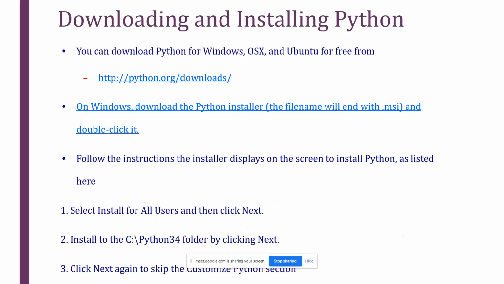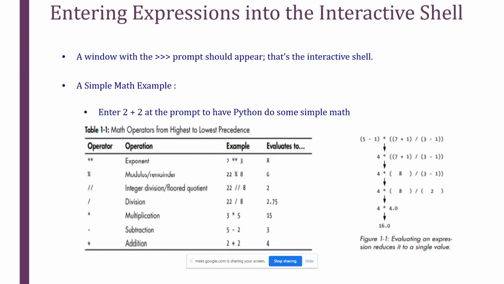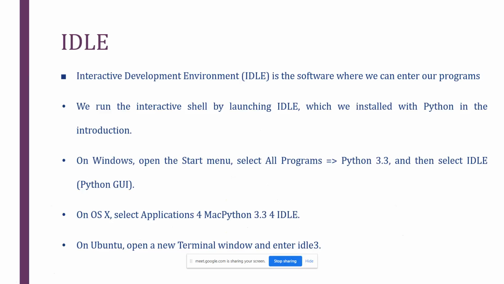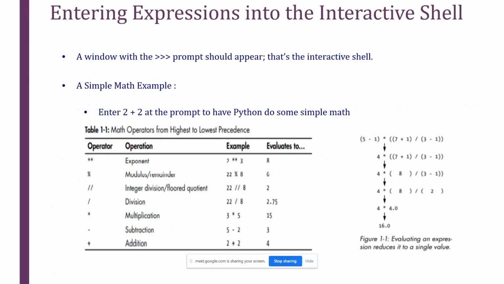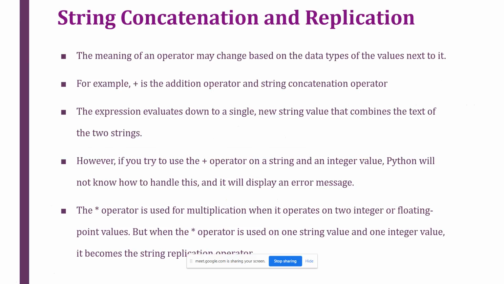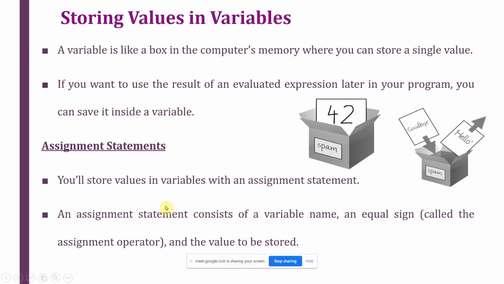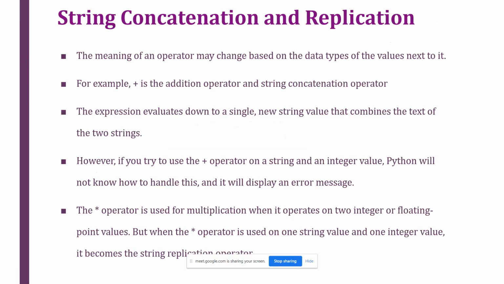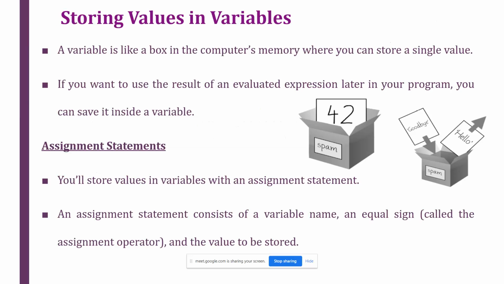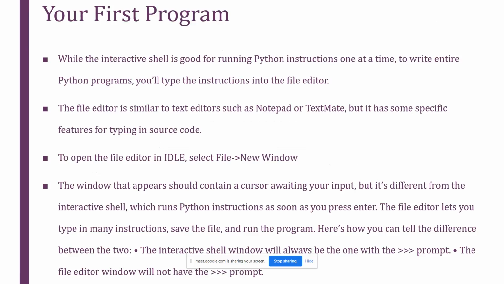To begin with, we started with Python basics, wherein we saw the interactive shell, that is IDLE, and how we can enter some expressions, and how you will get some types of errors. Then we saw concatenation, where we use plus, and replication, where we use the star. Along with that, we saw variables. That is what was in the first chapter of the textbook.